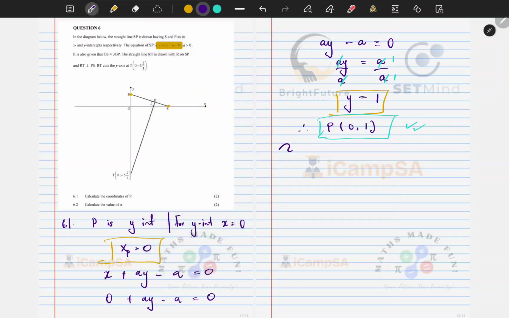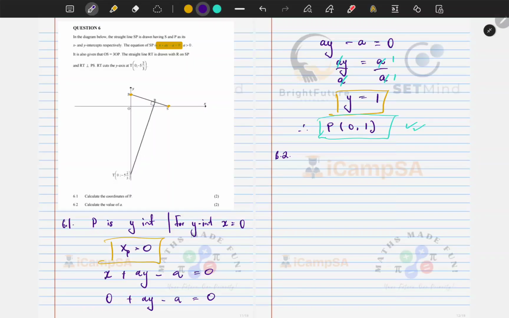Great. So now let's look at 6.2. They are saying calculate the value of a. So now we are going to use S. Remember, we've already used P. So now let's use S. Remember, what is S?